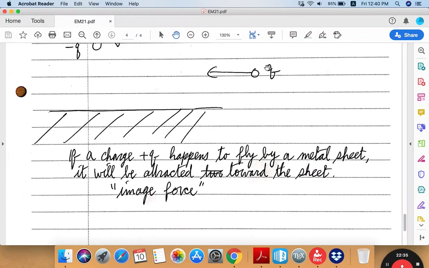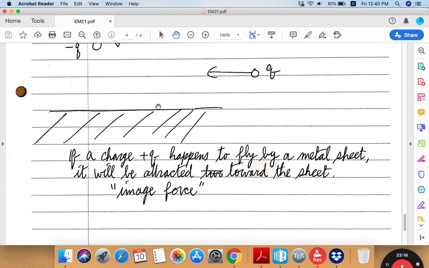As soon as you put a charge nearby a metallic plate, there is this phenomenon of induced charge or image charge, and this image charge will attract the physical charge, and therefore the trajectory of the physical particle will be bent towards the metallic plate. So it ends up trapping what used to be a free charge to the surface of a metal, and not allow that charge to leave the surface.